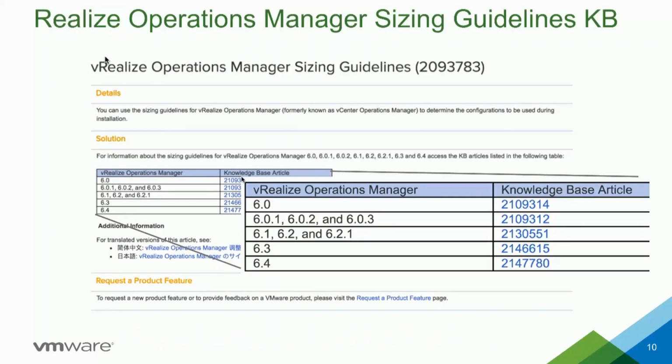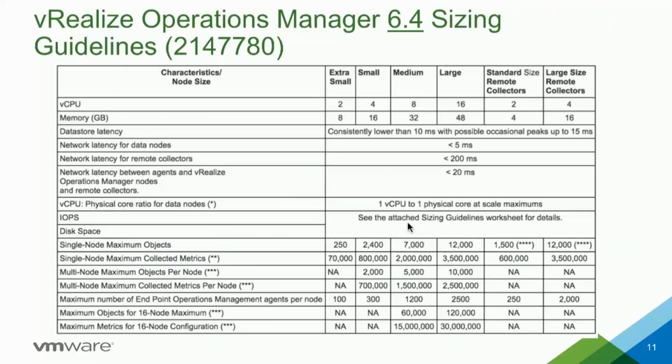Now, once you open up the knowledge base article, the chart breaks down into 3 major sections. This first section talks about node size. These node sizes are configured when you're actually deploying the vApp.